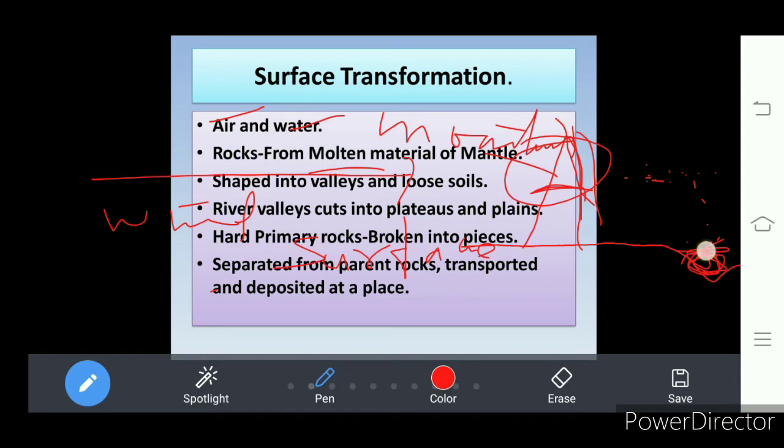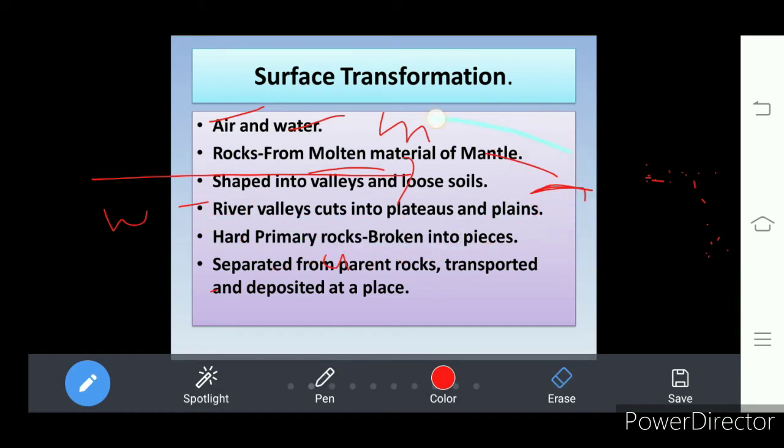So this shallow basin is filled with eroded particles carried by the wind and water. So the shallow basin of the land is turned to a leveled one. So in this way, the earth's surface is transformed by the air and water.